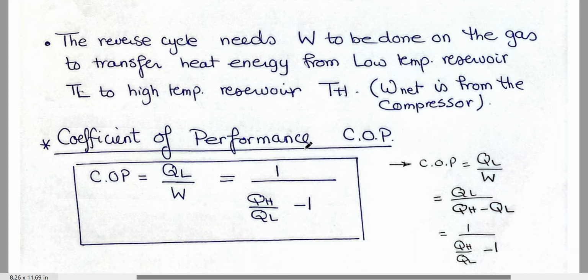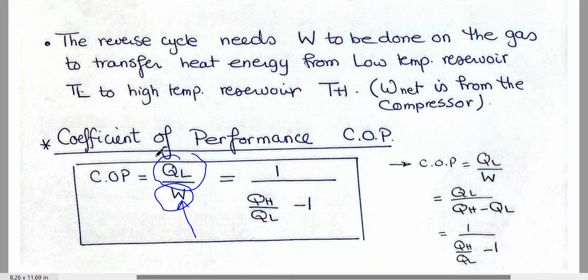For the refrigerators, we don't calculate the efficiency, we calculate the COP, which is the coefficient of performance of the refrigerator. Again, the coefficient of performance is the output divided by the input. I am running a compressor, I'm giving work to the refrigerator, so this is the input.